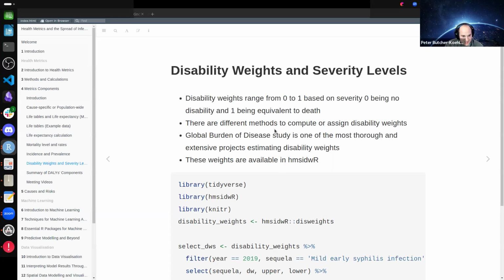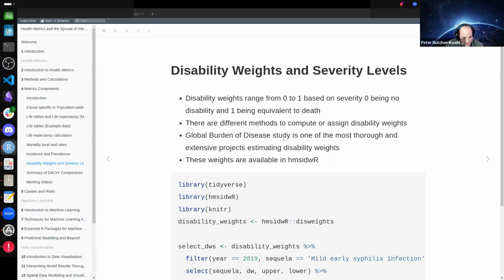So there are different methods to compute or assign that weight. The one that I remember was analytical hierarchy, which is given in the book.